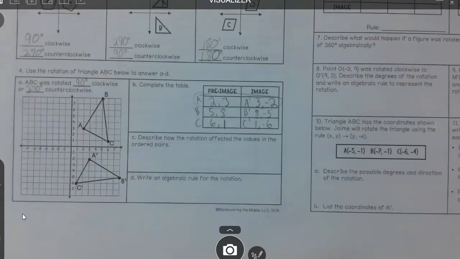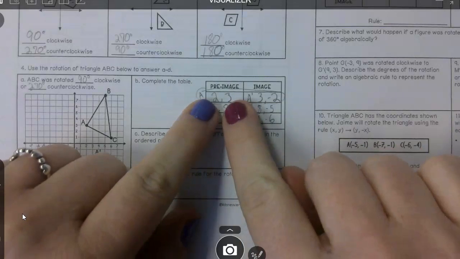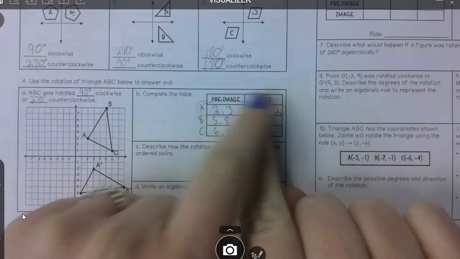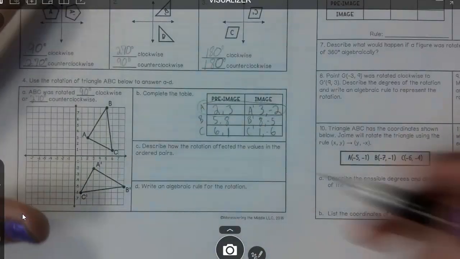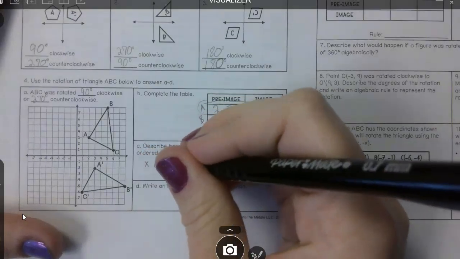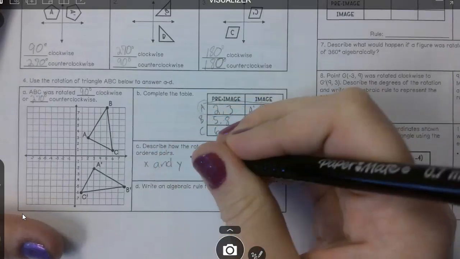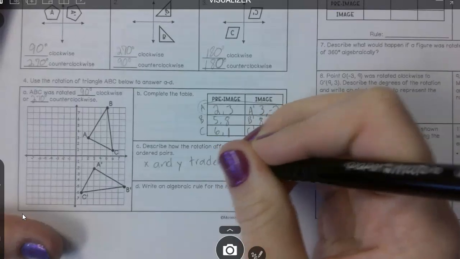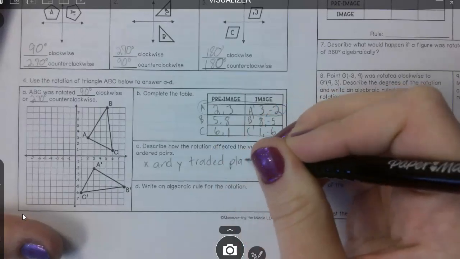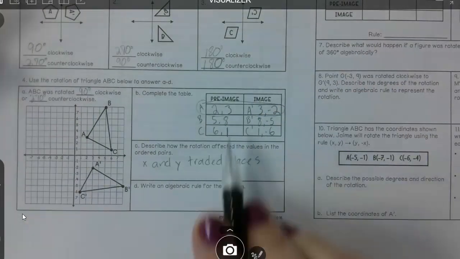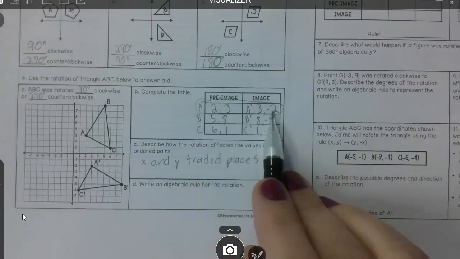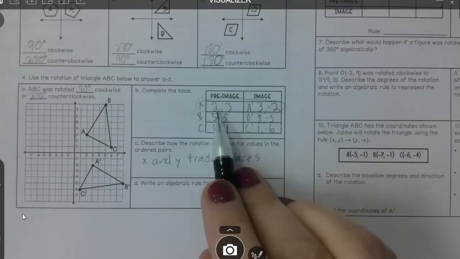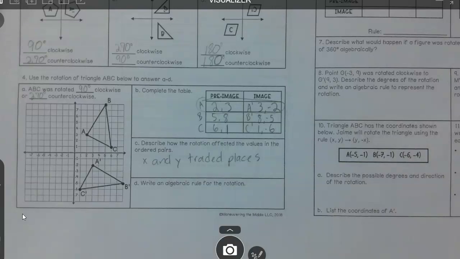Well, it looks like the X and Y traded places. You see the 3 and the 2 traded? Interesting. X and Y traded places. But not just that. The X value is now opposite. It was positive, and now it's negative.